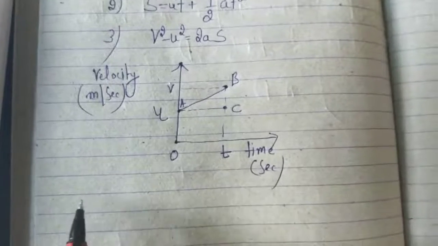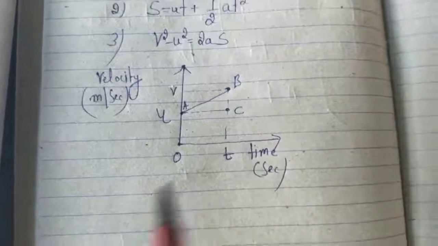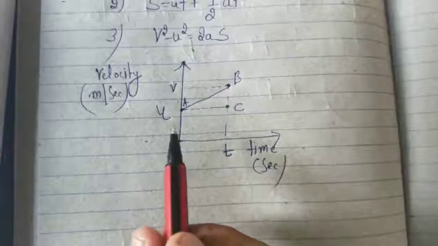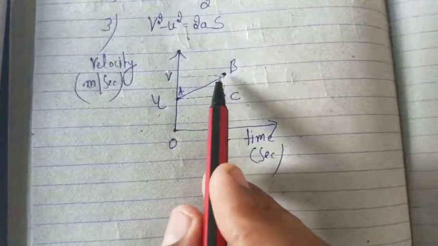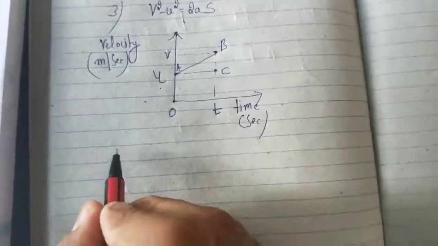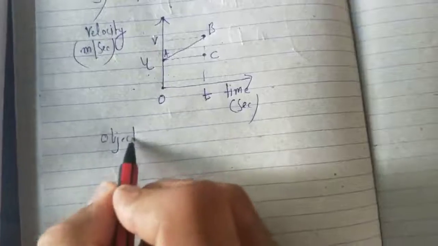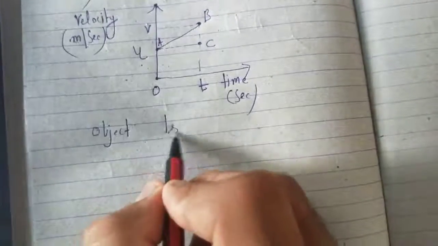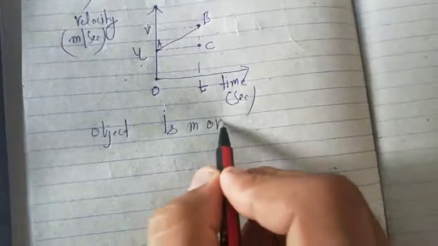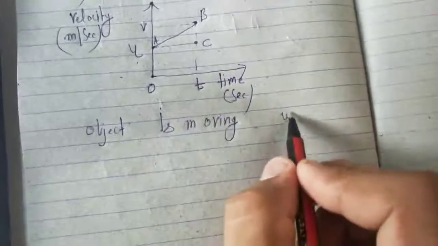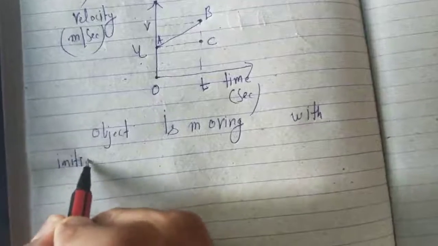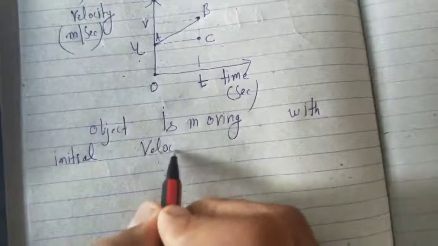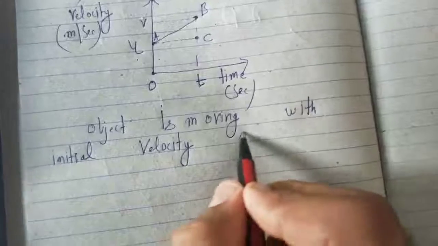So you will have to write down the particulars. Consider an object which is having an initial velocity of u. After time t, it has attained a velocity of v. You have to write all these wordings. Object is moving with initial velocity of u.